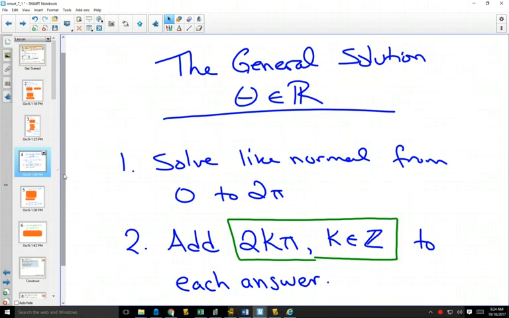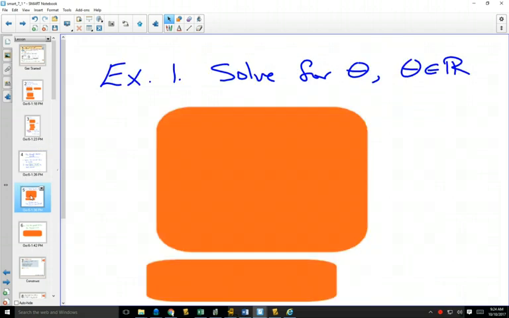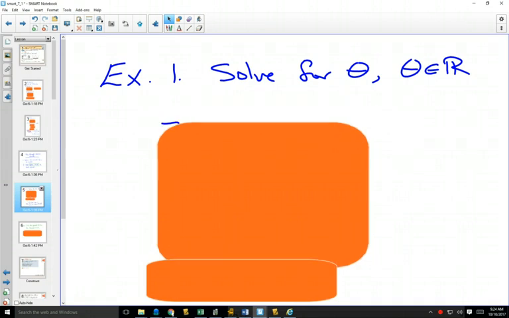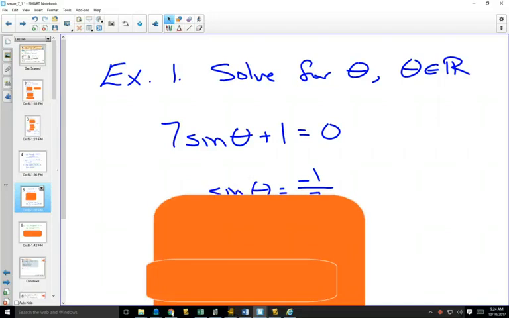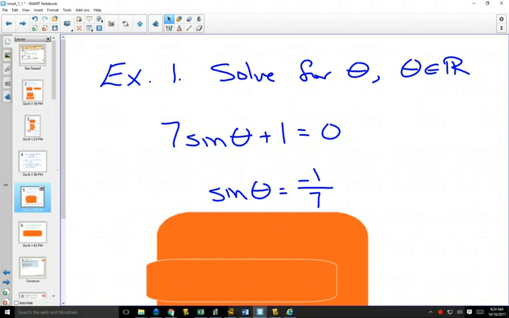So after putting an x through example number 1, these are the examples we're going to do instead. Solve for theta, where theta belongs to all real numbers. And we have 7 sine theta plus 1 equals 0. This would be a calculator question, because when you get sine by itself, that is something that is not on your unit circle.